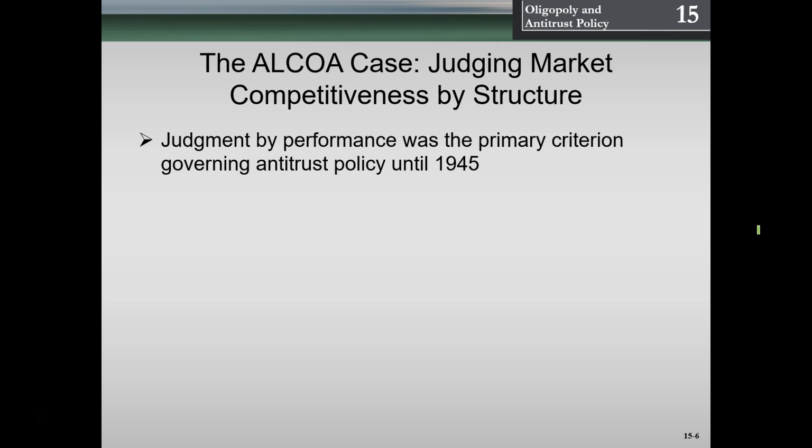But that was not upheld here, in that ALCOA was held to have fair business practices, became a monopoly, and was still broken up because they were a monopoly.